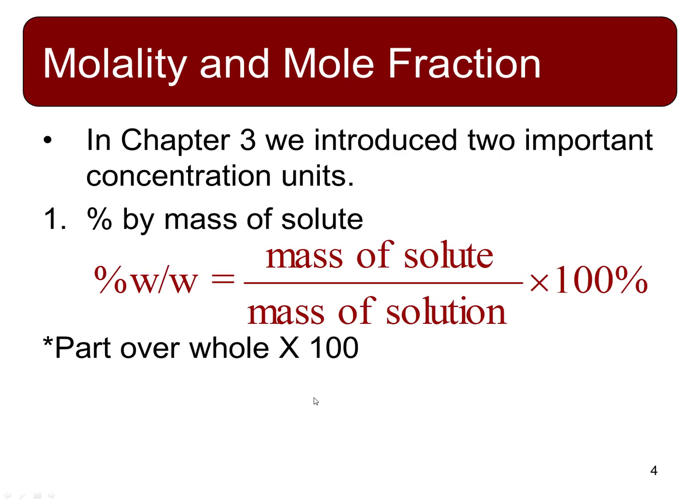So is it usually present in the most amount or the least amount? Least amount. So the more there is, the more concentrated, right? Very good. And then it's over the total mass. So this is, again, just like part over whole times 100. You take part of the solution, the solute, and put it over the total mass. And so percent by mass, you also have this symbol W/W as a symbol for that, but your units need to be in grams.